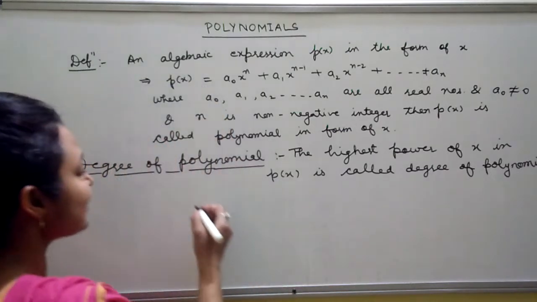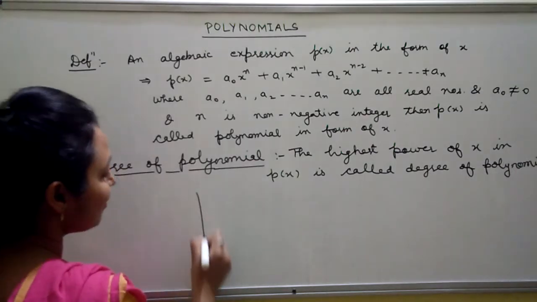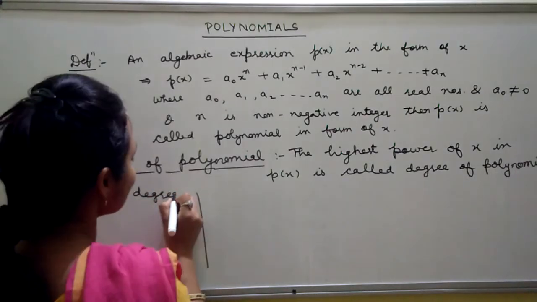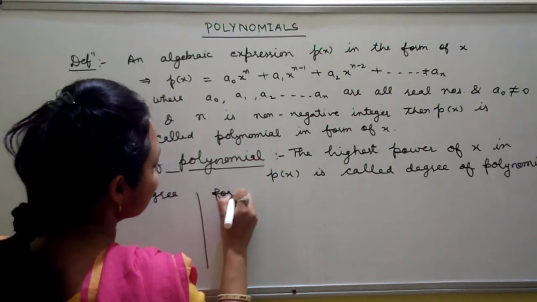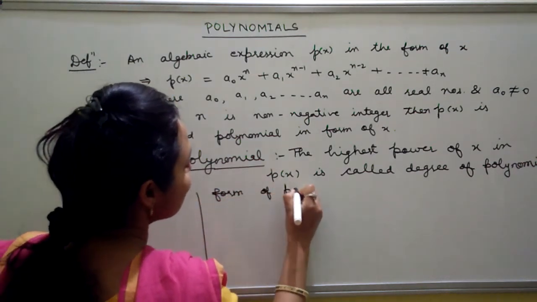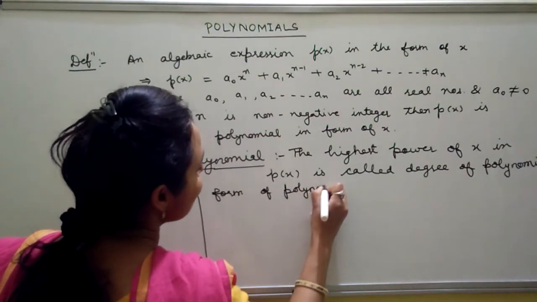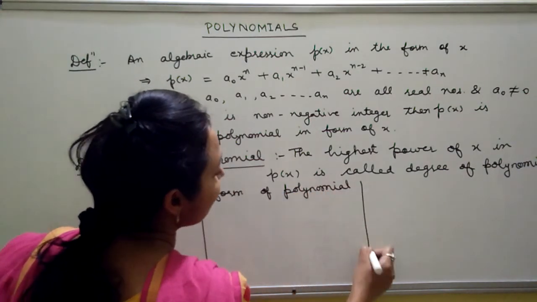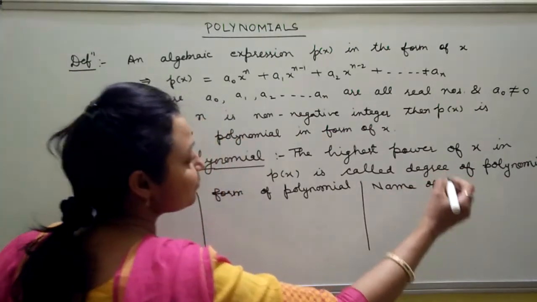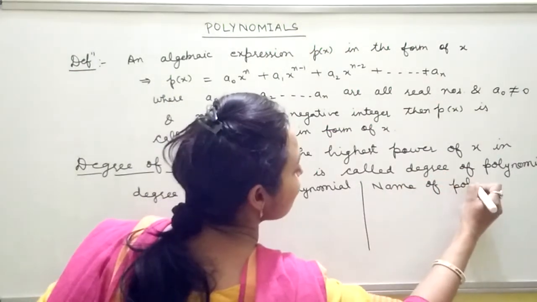So we have degree, form of polynomial and name of polynomial.